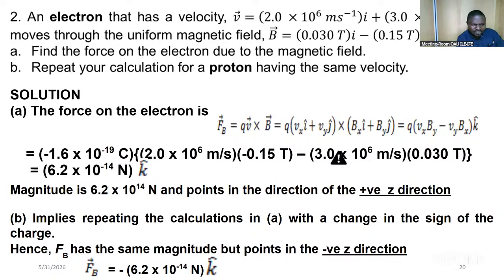Since there is no negative in front of our answer, the direction is the positive z direction. Now, what if I replace that electron with a proton? You know the proton is positively charged, yes or no? So you will get the negative of the magnetic force, that is, the negative z direction.